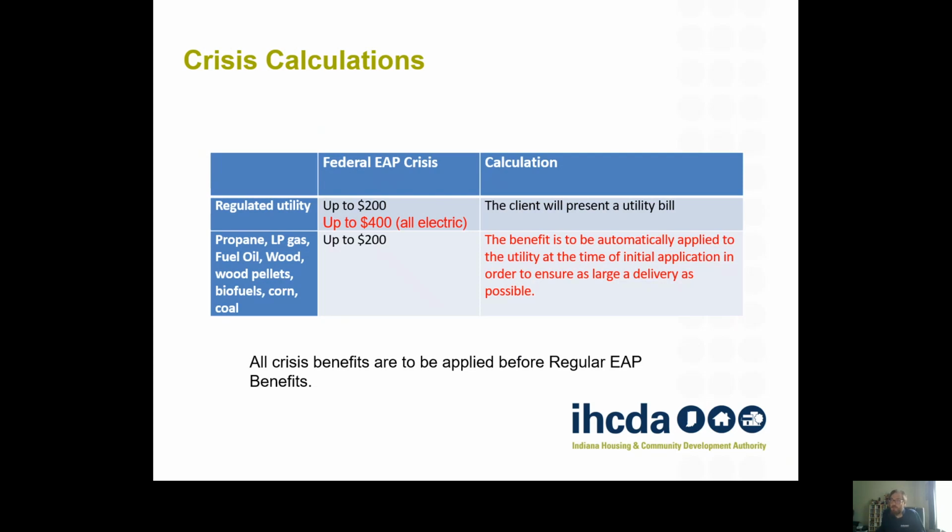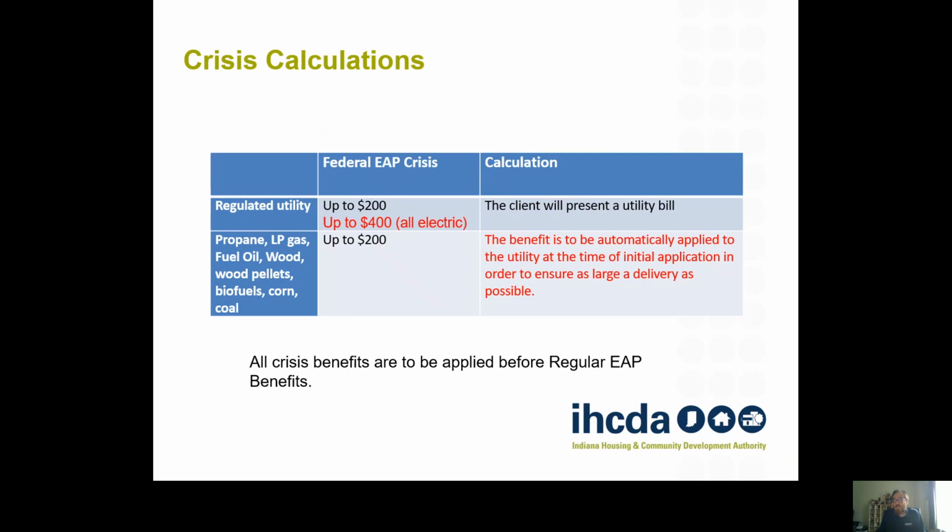For the calculation on them, with a regulated utility, you're always going to look at that utility bill and determine how much is the amount needed to prevent a disconnection.